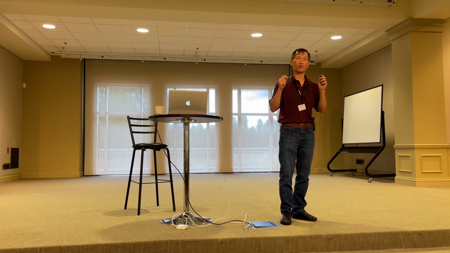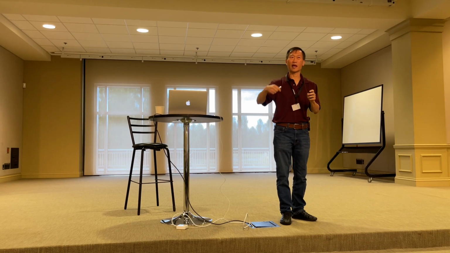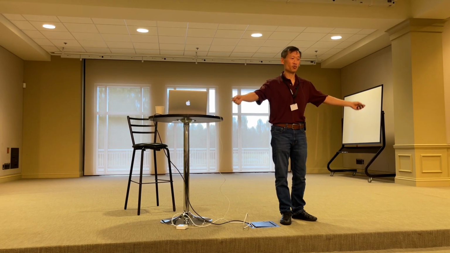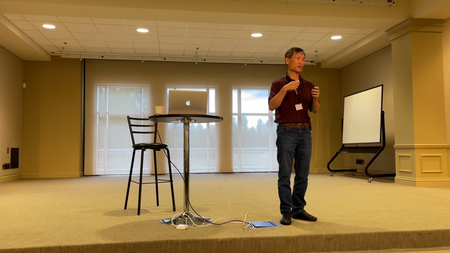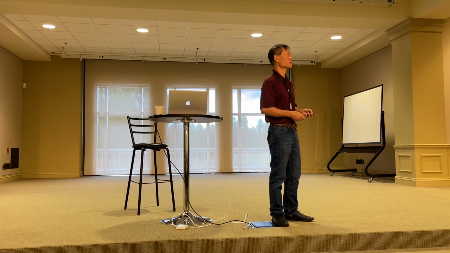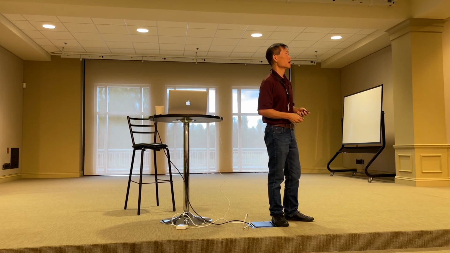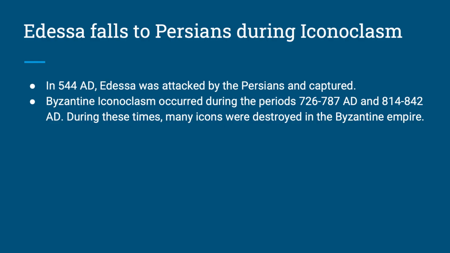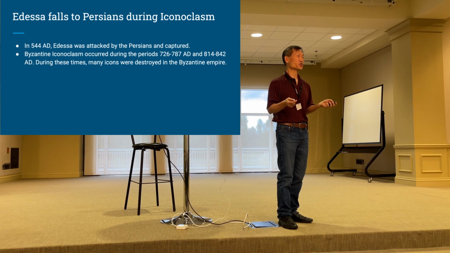And you have to explain, why is that? Why does all artwork of Jesus after that time pretty much look the same? And this accounts for that, because the shroud emerged at that time.